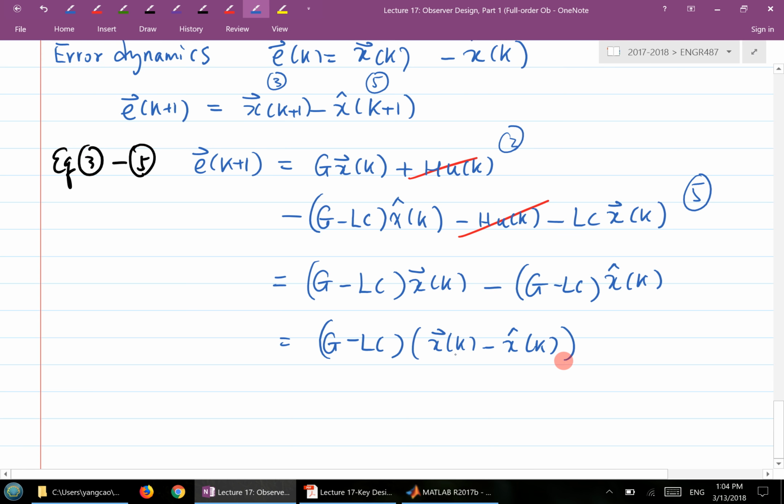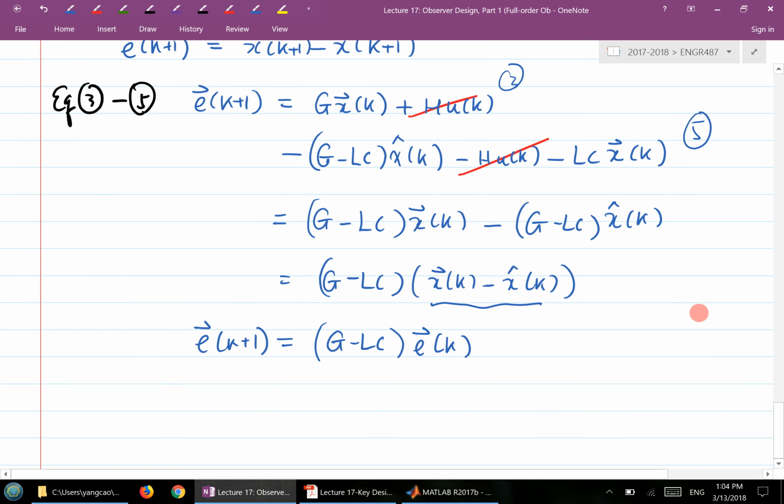And x of k minus x hat of k is the definition of what? The error, right? So this is G minus LC times e of k, and this side is e of k plus 1. So you see that this type of observer results in the estimation error dynamics with this relationship.